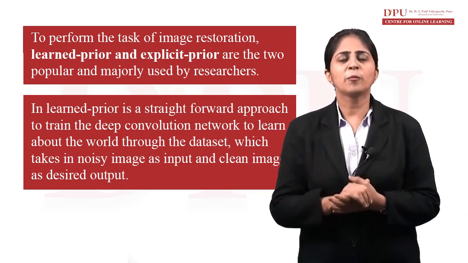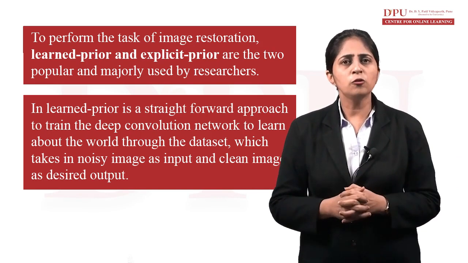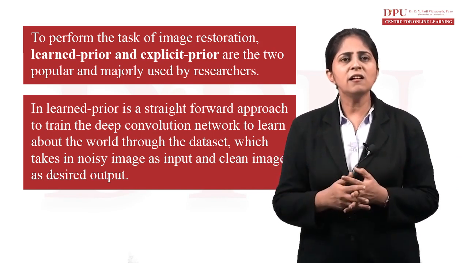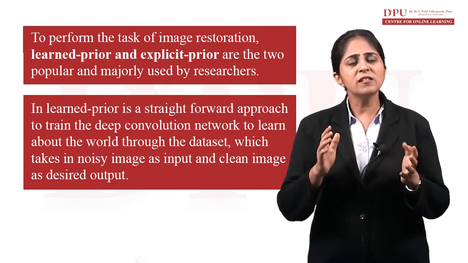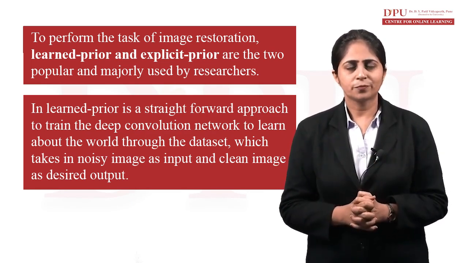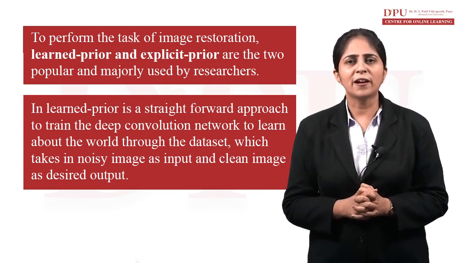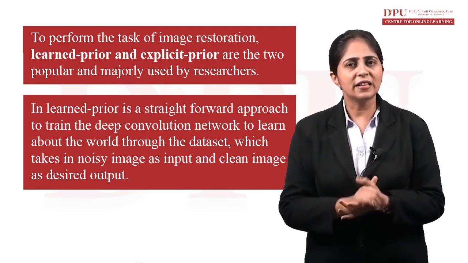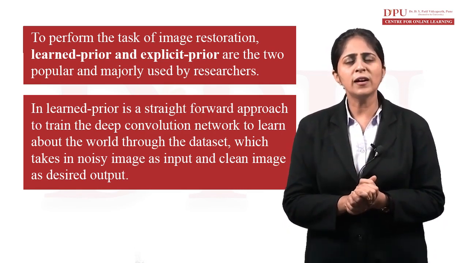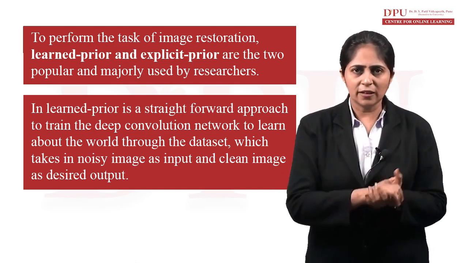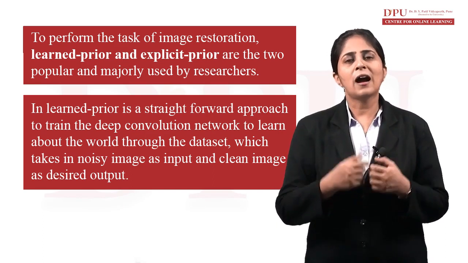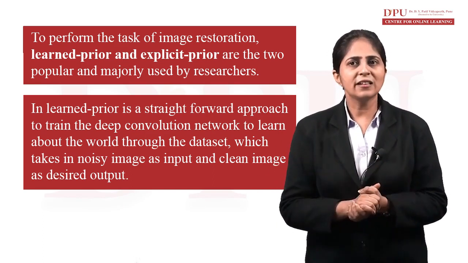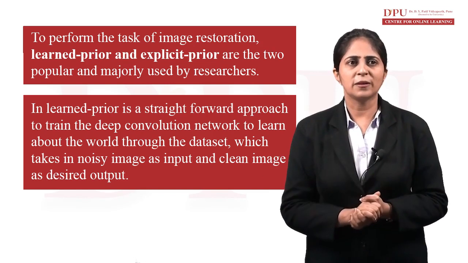Various data sets will be provided to our deep convolutional network, and the task here is to provide us with the desired output, which is our clean image. This is the learned prior method. That means providing the data set to the convolutional neural network and providing the deteriorated image to it. And then what do we want? We want our output as a clean image. This is the first method.